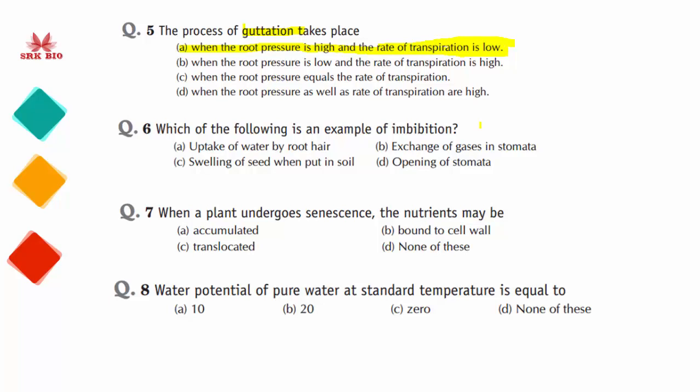The molecules are held below the surface, that is adsorption. Adsorption of the water by dead colloidal particles is called imbibition. And in the given option, the only one correct option for the imbibition is swelling of seeds when put in the soil, not in the dry soil. Along with the water, when seeds are soaked or allowed to germinate in the soil, it results in first step, that is imbibition before germination.